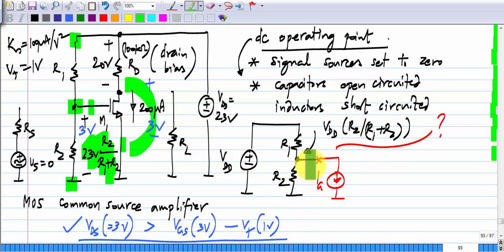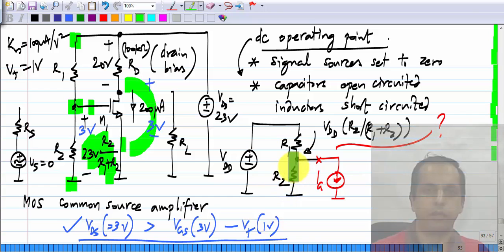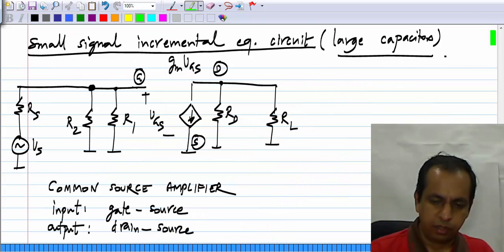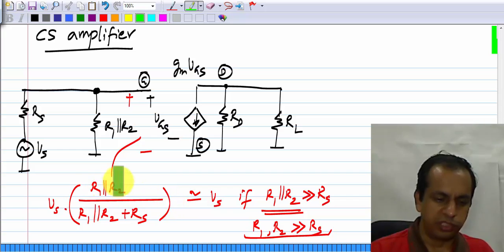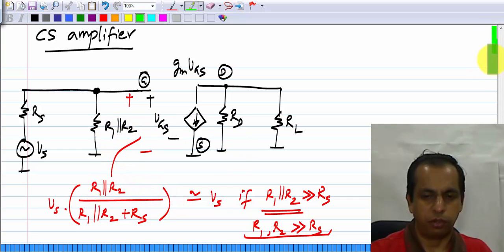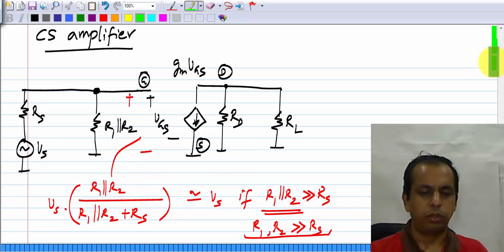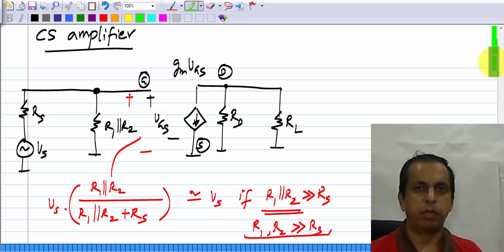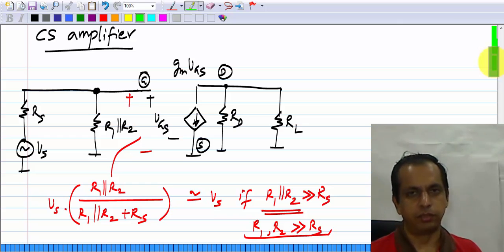You will see that if there is a gate current, then you can't make R1 and R2 arbitrarily large, but now you can. So, although these two resistors R1 and R2 have some effect on the circuit, you can ignore that effect by making R1 and R2 very large, and there is no other harm done by making R1 and R2 very large.